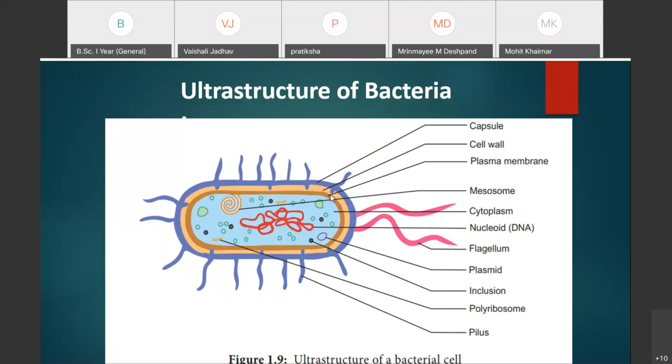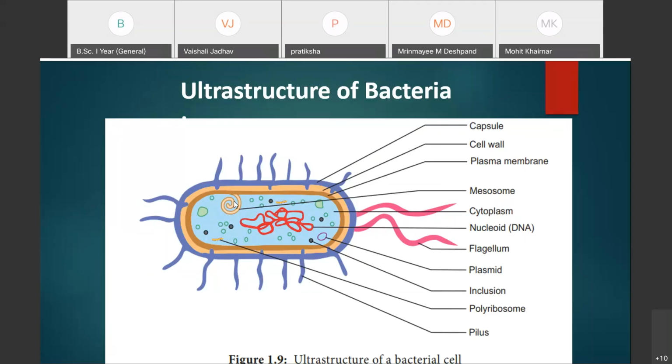But here you can see simply the genetic material present in the center region. Instead of mitochondria, there are mesosomes. The function of the mitochondria is performed by the mesosomes.